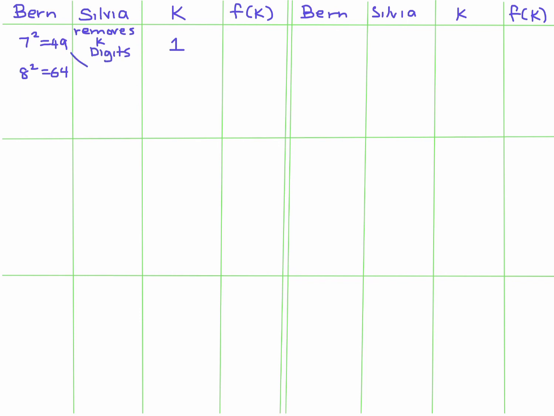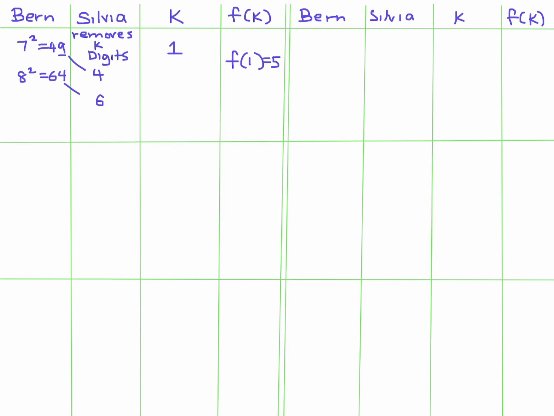So when you remove the 9, you'll just get a 4, and when you remove the 4, you'll get a 6. As you can see, the 5 is missing. Therefore, the value of f at 1 is 5. It's the smallest number that doesn't appear in the list. Hopefully that's pretty straightforward.